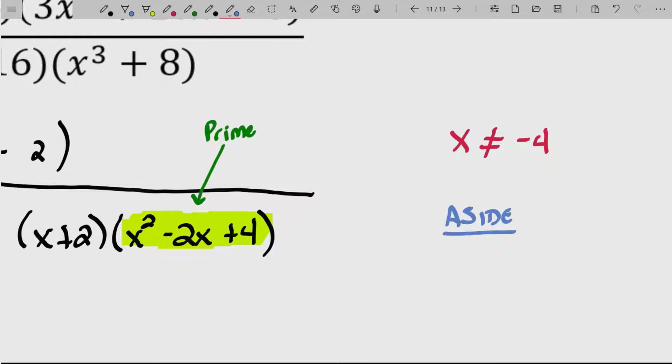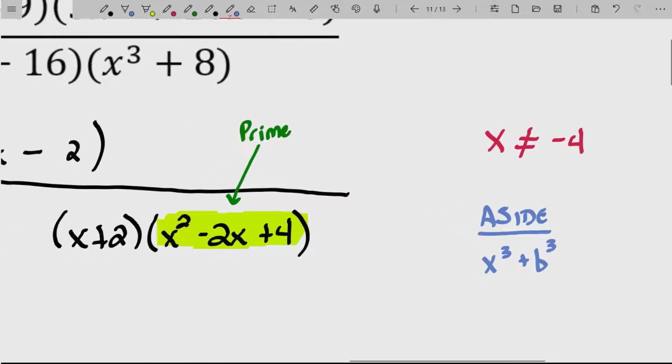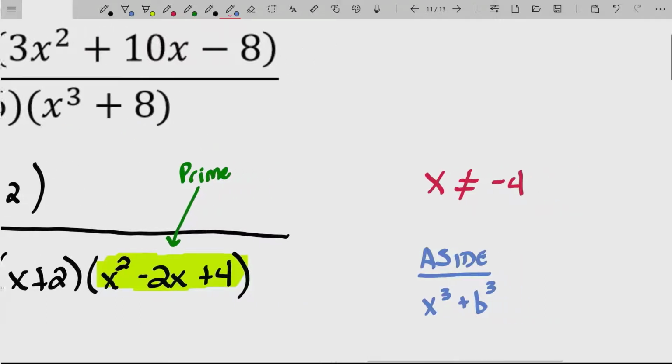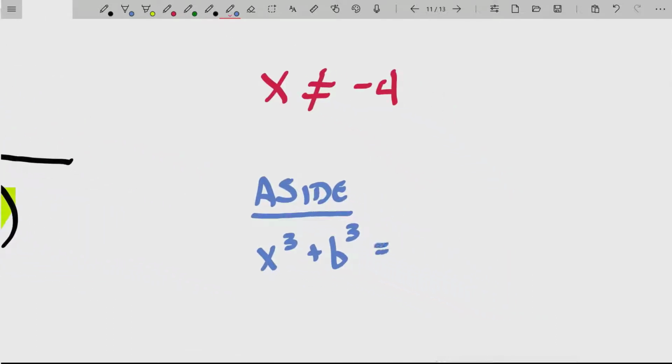Suppose you were given x cubed plus b cubed, which is what we were given; we were given x cubed plus 2 cubed. Let's write down the factorization: x plus b times x squared minus bx plus b squared.